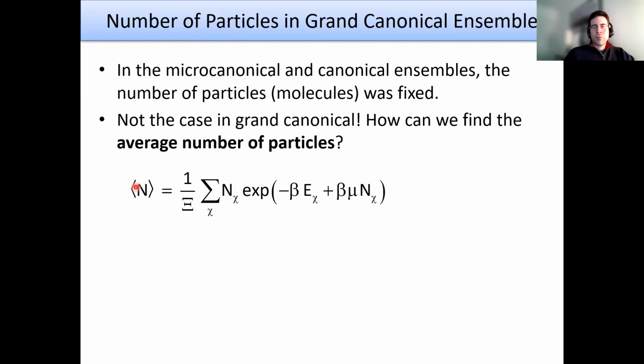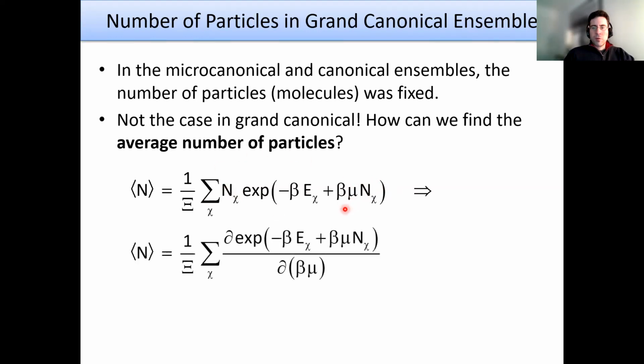This is the average number of particles. But now again, the magic happens, right? See, N chi here, N chi over there. So this thing can be expressed as a derivative. What derivative? The derivative of this exponential term with respect to whatever is multiplying this N chi, namely this thing here. So this is our derivative.